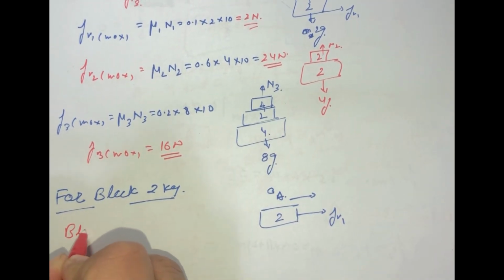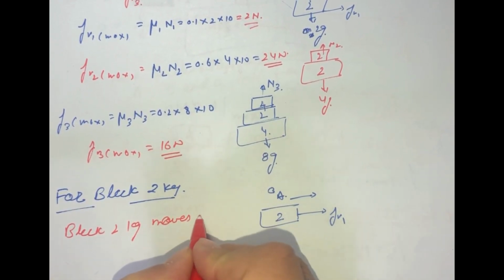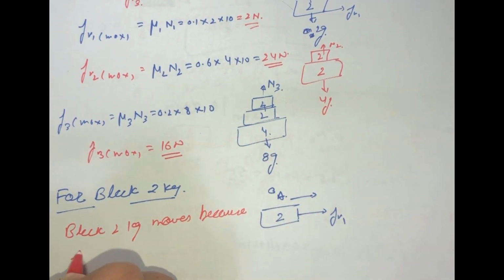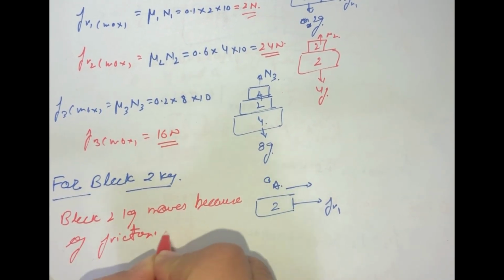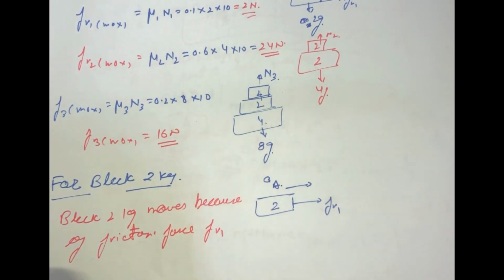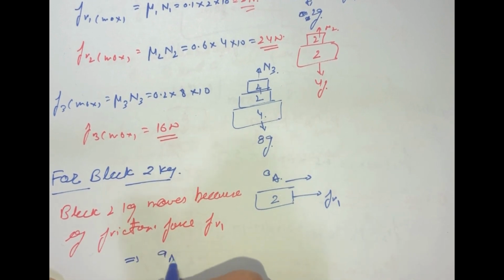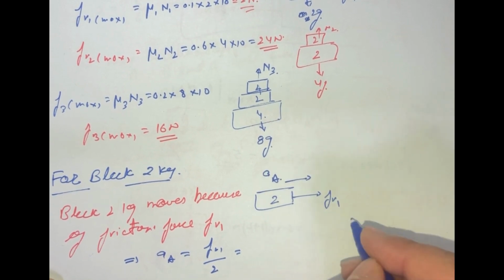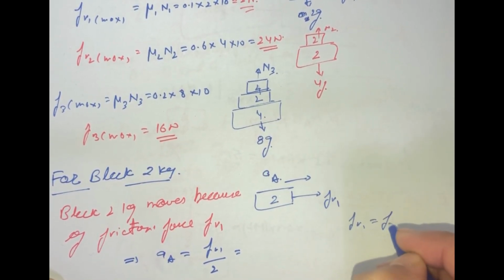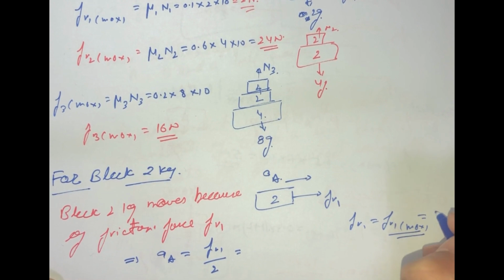Therefore the acceleration of this block will be given by Fr1 divided by its mass, that is 2, and Fr1 will be equal to Fr1 max because it is already moving, which is equal to 2 Newton.